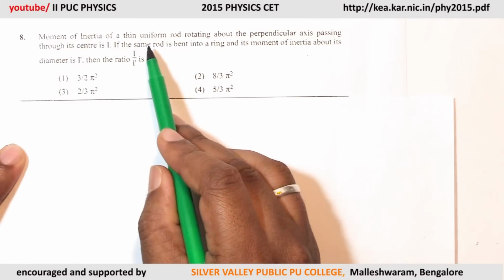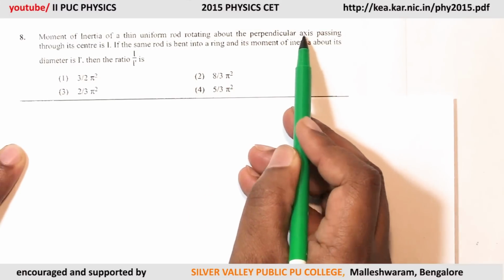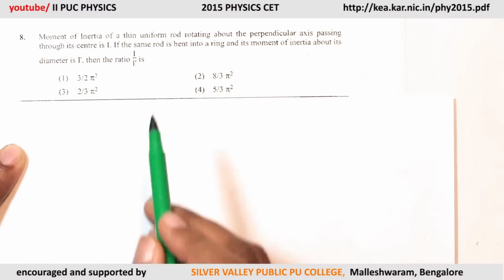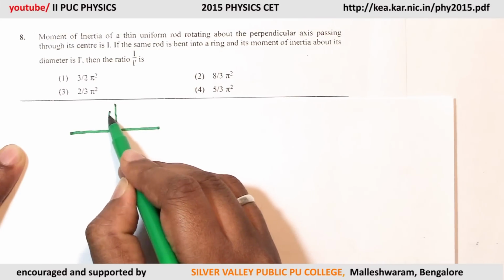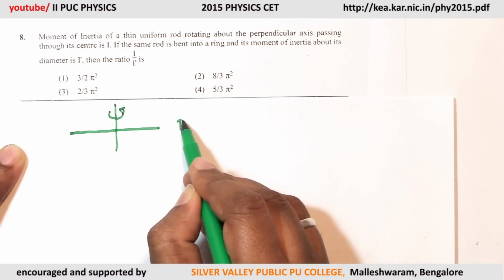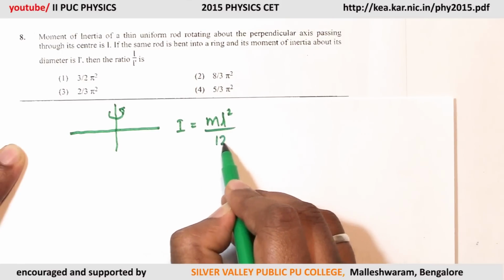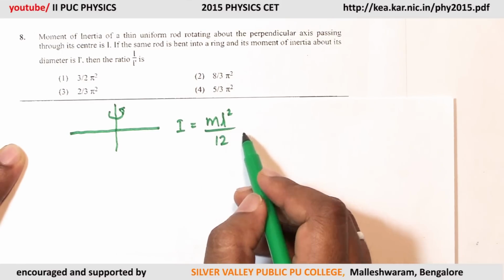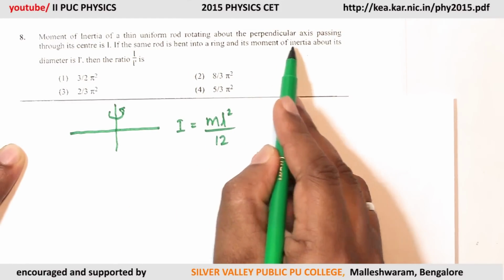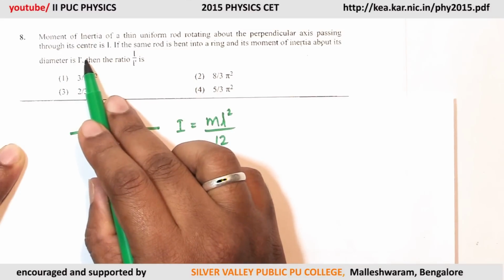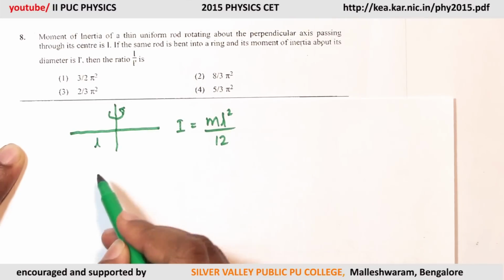Moment of inertia of a thin uniform rod rotating about the perpendicular axis passing through its center is I. If this is a thin rod about this axis, if the rod rotates, then moment of inertia is given by m L square by 12. This is a standard equation. If the same rod is bent into a ring and its moment of inertia about its diameter is I dash, the same length is bent into a ring.